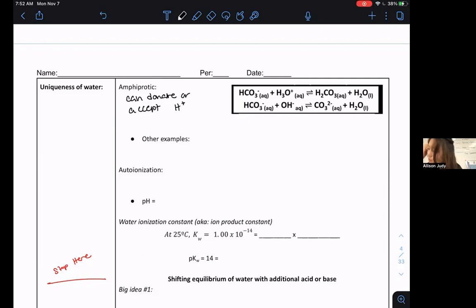Some other examples would be many polyprotic acids, which are also considered amphiprotic because when one creates its conjugate, the reaction could then be reversible. If they went the other way, it could accept and act as a base. Okay, so look at the example above.